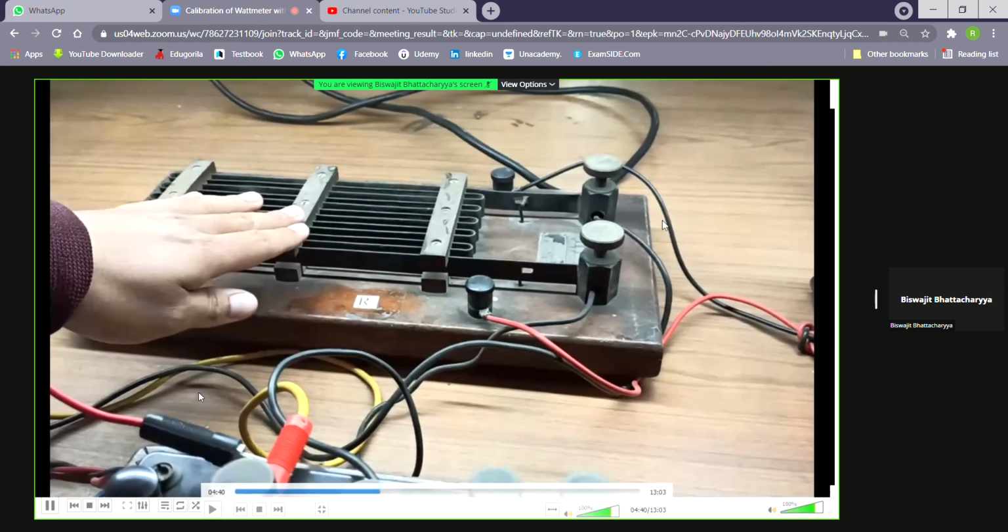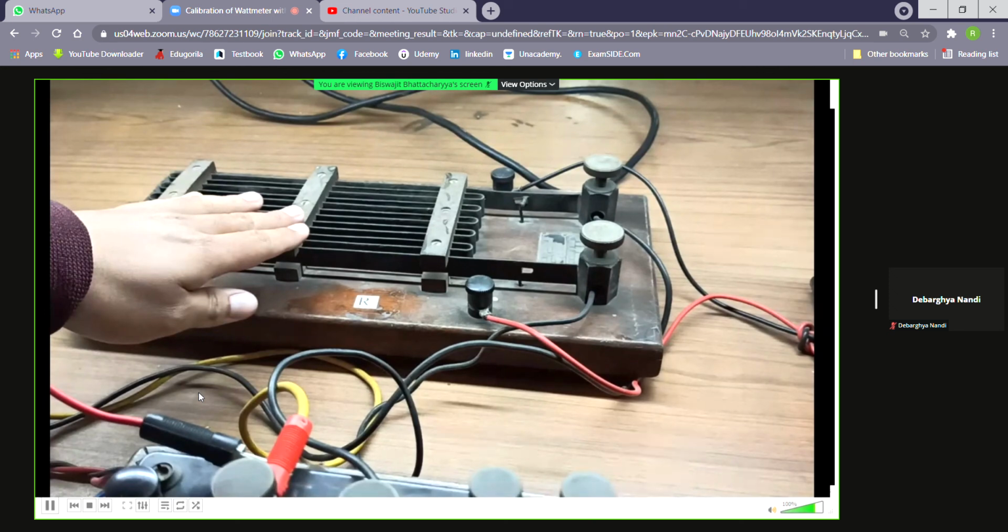So you see, the bigger terminals are current terminals, and the 2 smaller terminals are the potential terminals. The potential terminals are normally inside the spread of the current terminals. So these are 2 potential terminals of smaller size and current terminals are of bigger size.